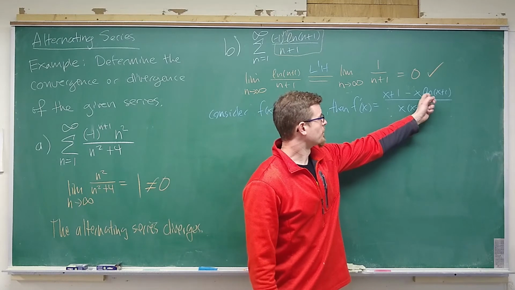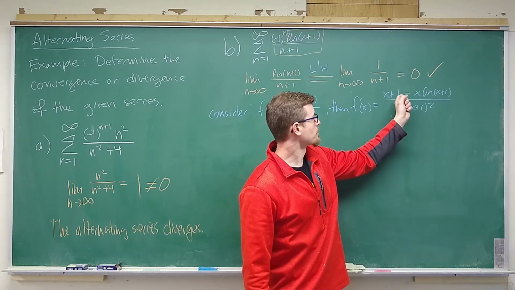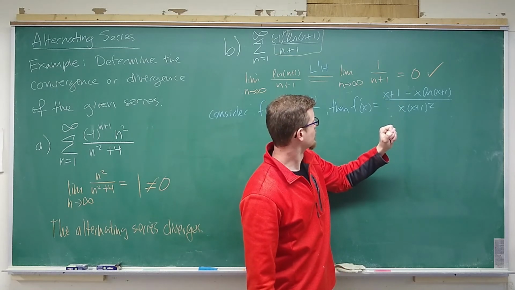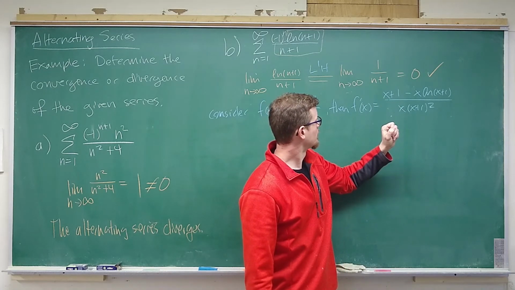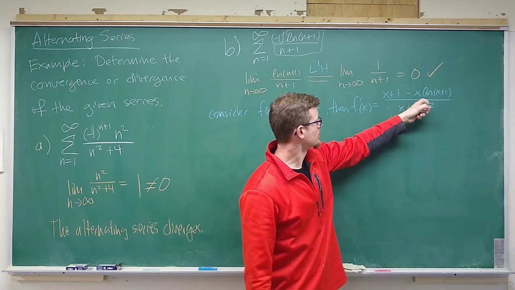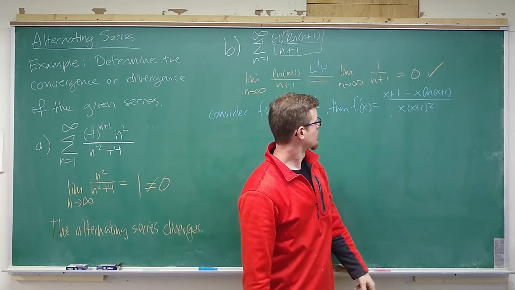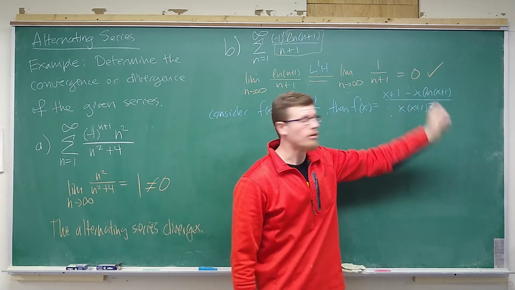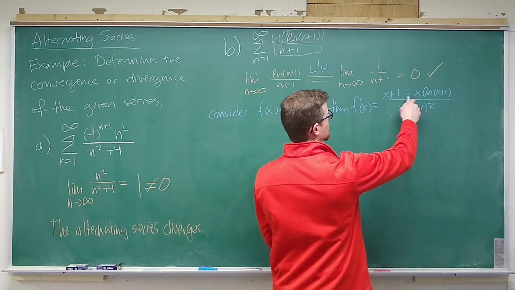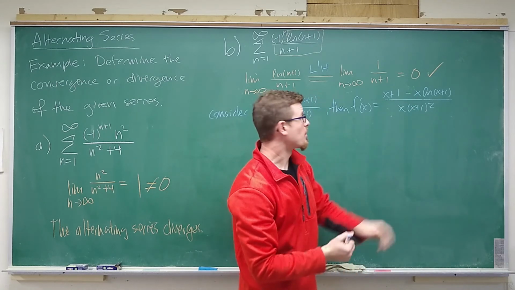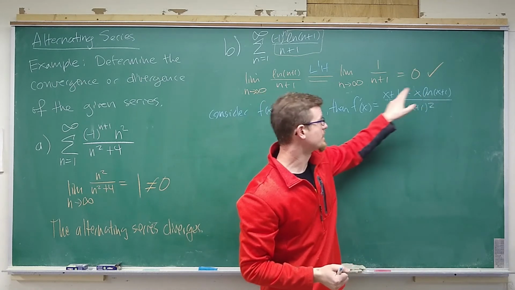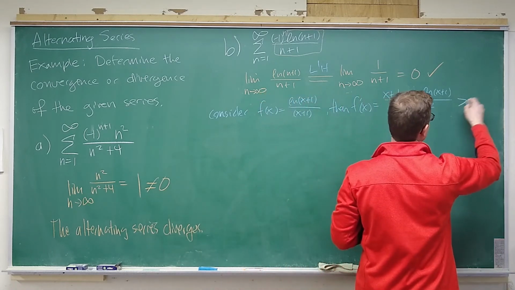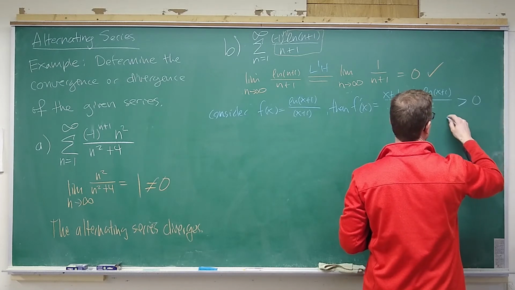In order for this to be larger than that, x plus 1 minus x times the natural log. So we want this to be larger than that, right? We want it to be negative overall. And that certainly happens. Where exactly it happens, I don't know, but x times the natural log of x plus 1 is certainly eventually larger than x plus 1. So larger than 0 eventually.